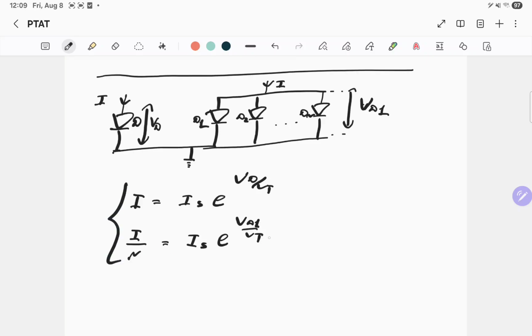Now this we can rewrite as follows, that I is equal to Is times N exponent Vd1 over Vt.